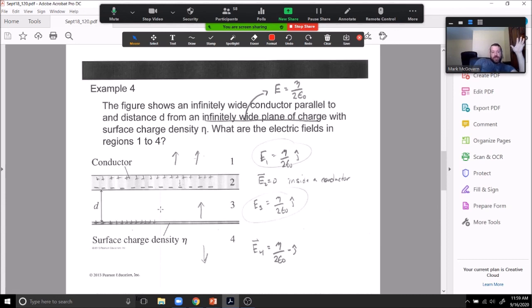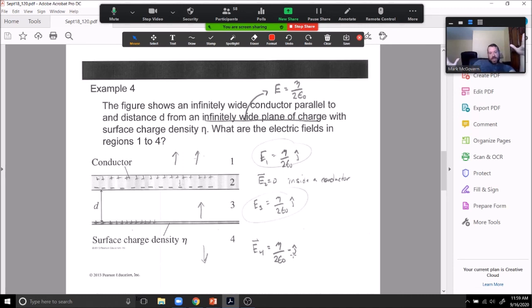When you go past the conductor, it has to be the same, because the polarization creates an equal field that cancels out. That field is still there technically, but there's a second field now, and it cancels it out. So above it, it's got to be the same. Below it, it's also the same, but we put a negative there because now it points down.